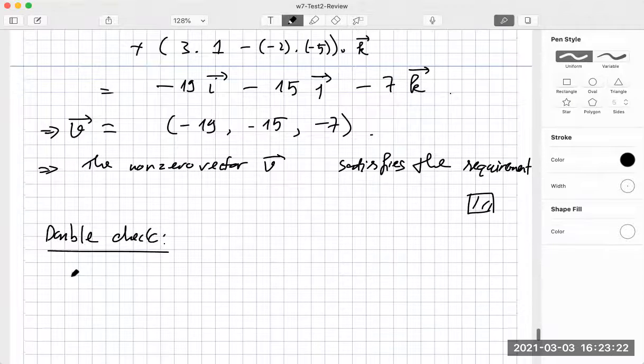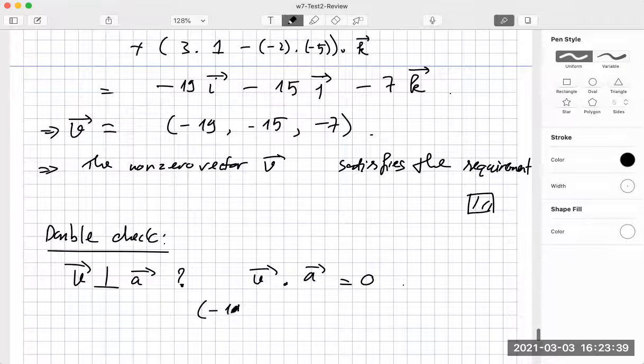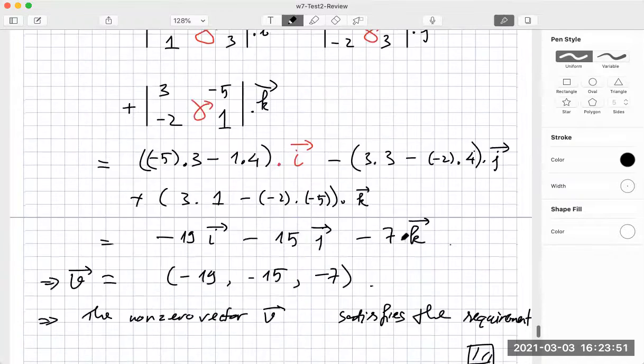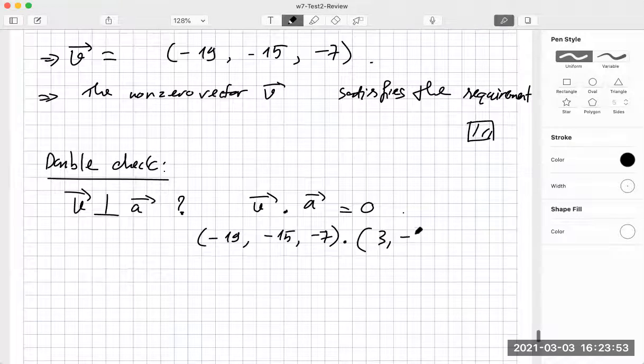If V is perpendicular to the vector A, then V dot A should be 0. What is V? V is negative 19, negative 15, negative 7. Vector A is 3, negative 5, 4.